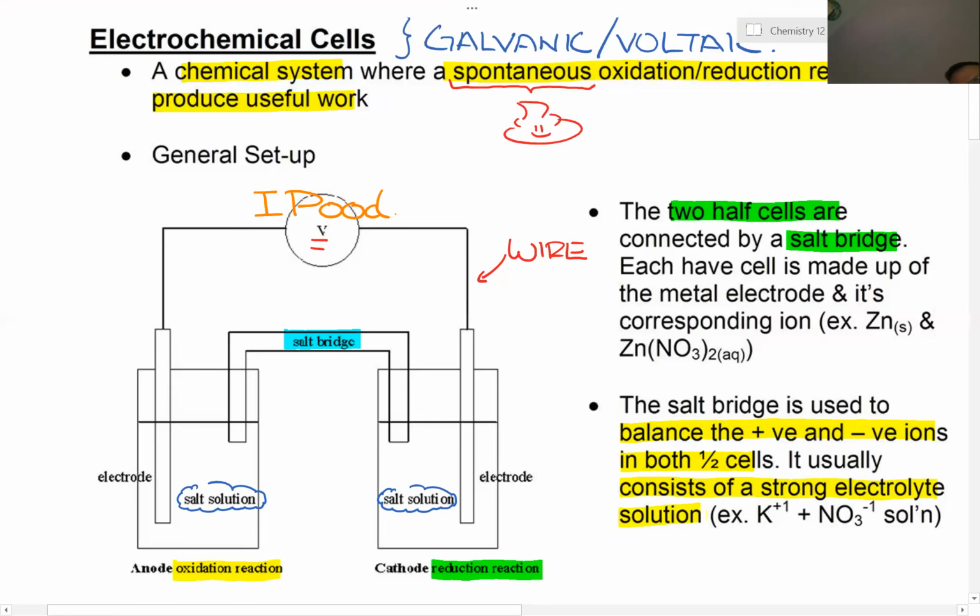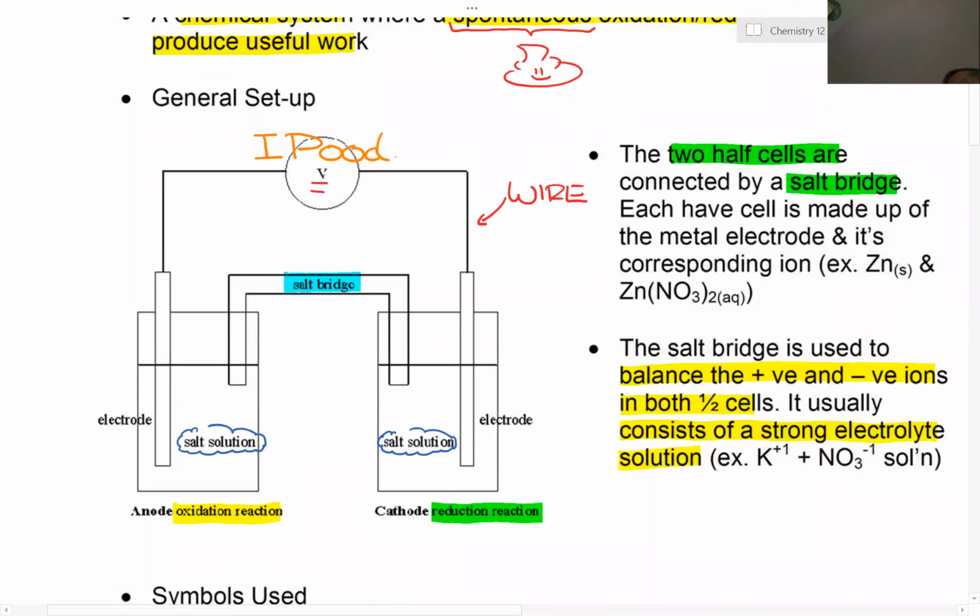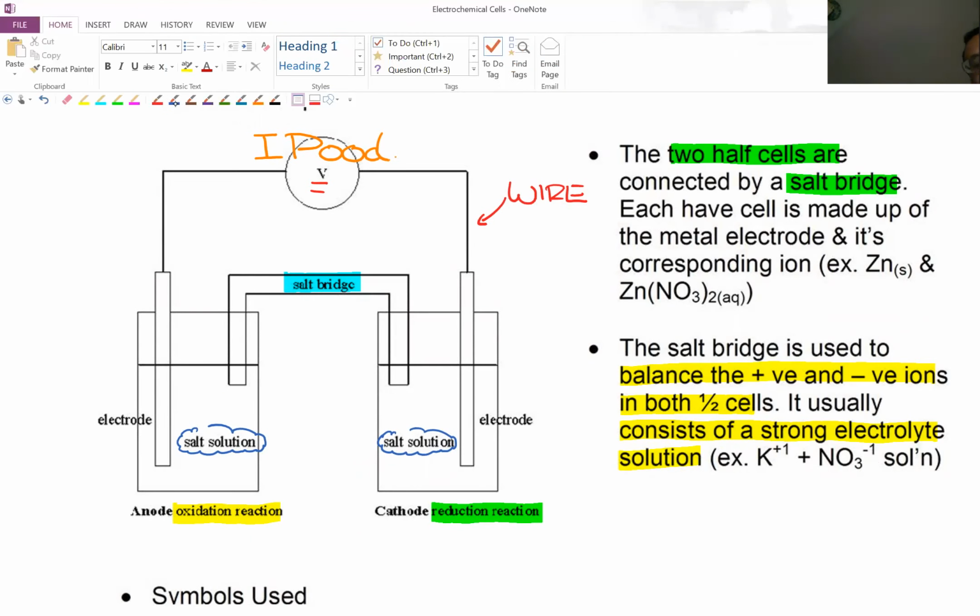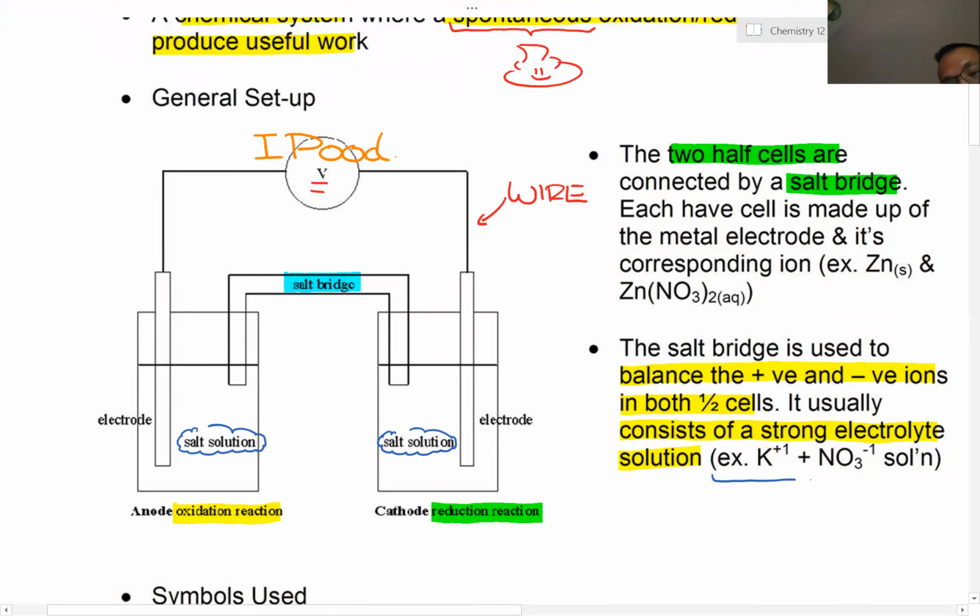Okay? So something like sodium chloride or potassium nitrate. Another name for this is an ionic solution. This goes back to Chem 11. Okay? Ionic solutions. So solutions that have ions in it.